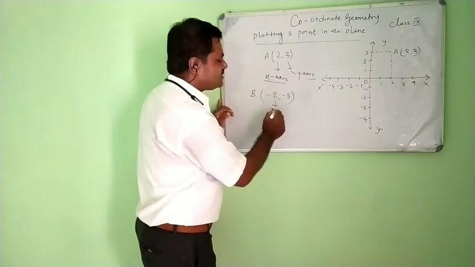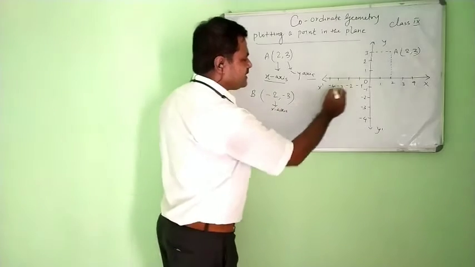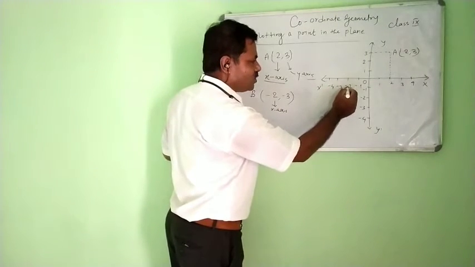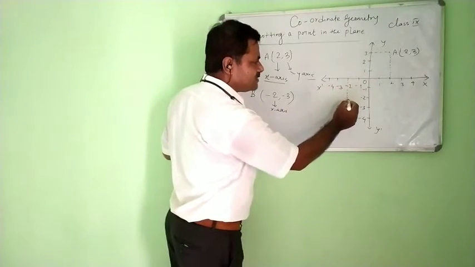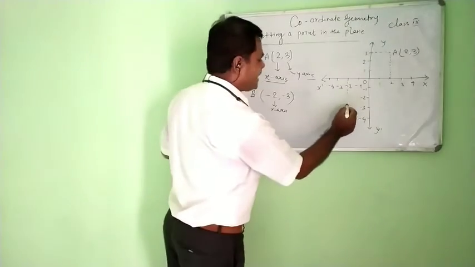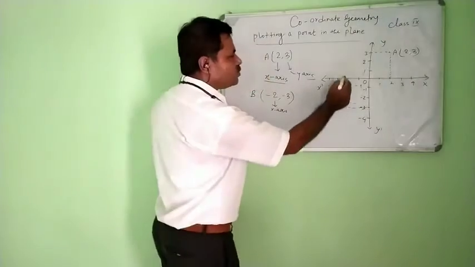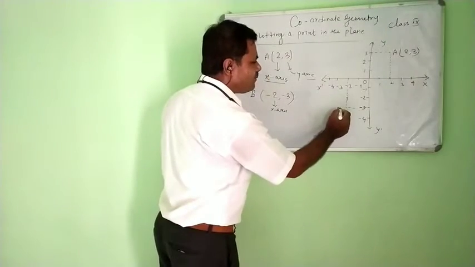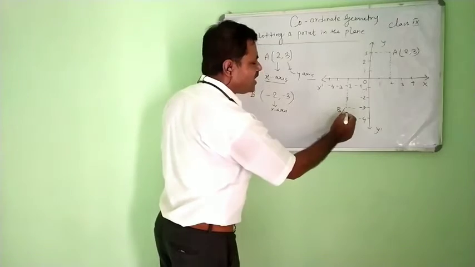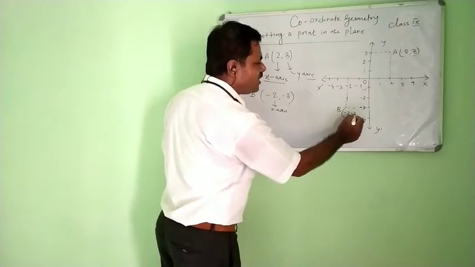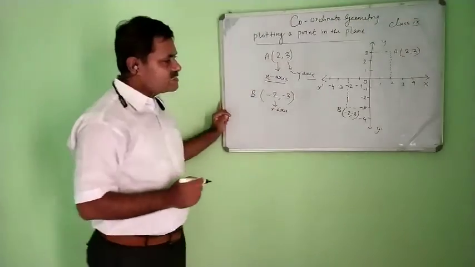On the x-axis the point is -2, and we draw a line parallel to the y-axis, and from -3 on the y-axis we draw a line parallel to the x-axis. Their point of intersection is B, which is (-2, -3). Is it clear?